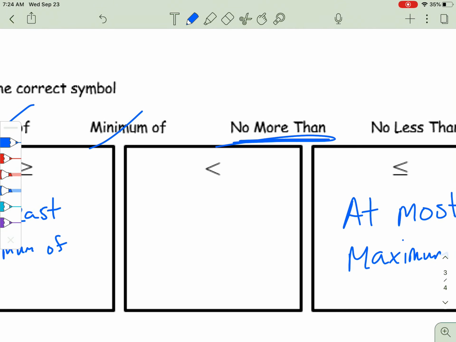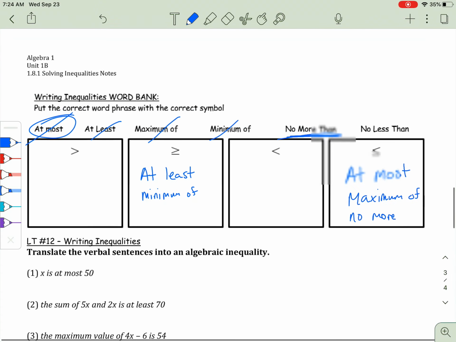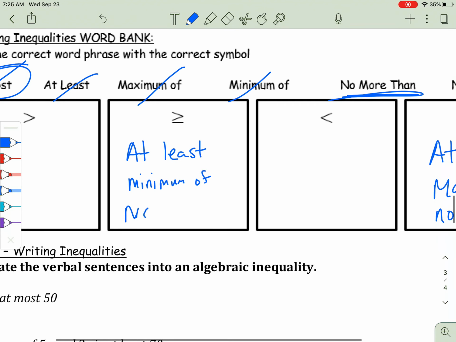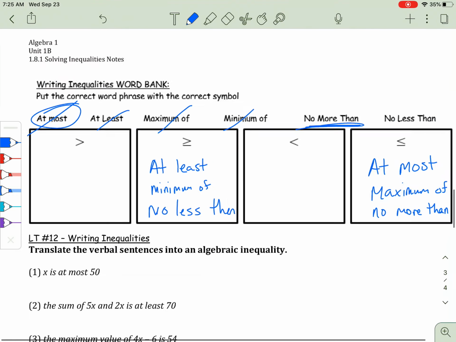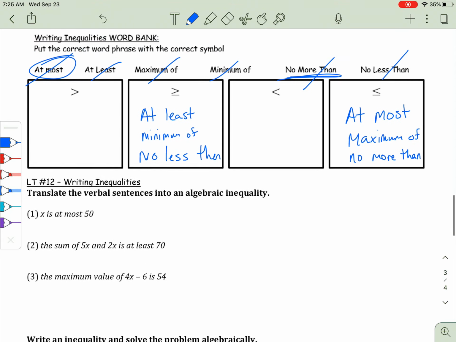Okay, so if it says no more than 18, right? Then you can have 18. But you can't have anything more than that. Same thing here, no less than. Surprisingly, they all go in greater than or equal to or less than or equal to. Okay.